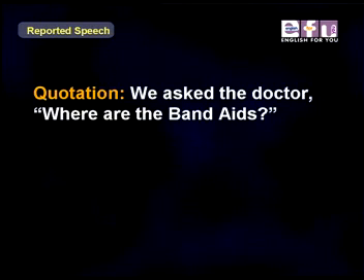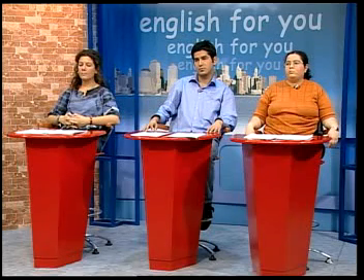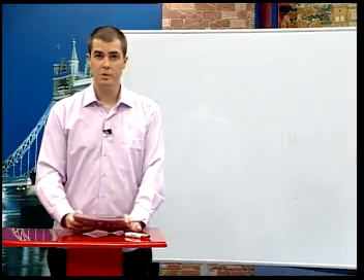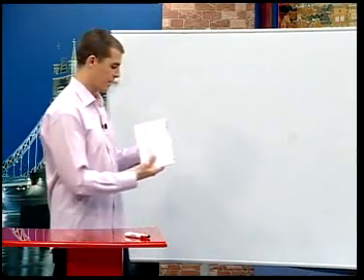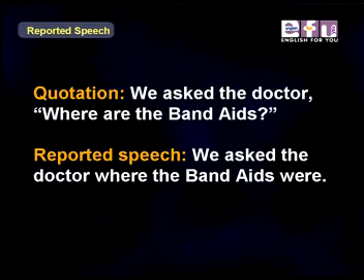Quotation: we asked the doctor, where are the Band-Aids? Reported speech: we asked the doctor where the Band-Aids were. An embedded question is a sentence with a question word in the middle. For example, we asked the doctor where the Band-Aids were.